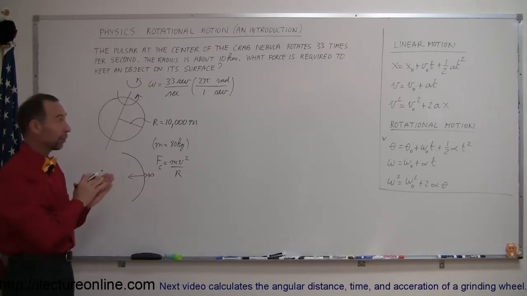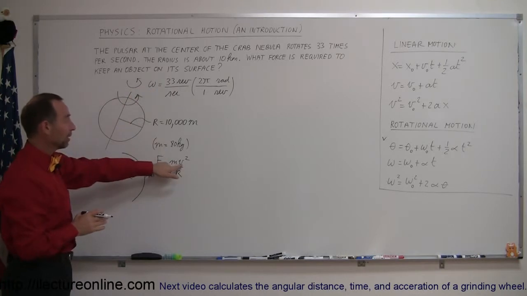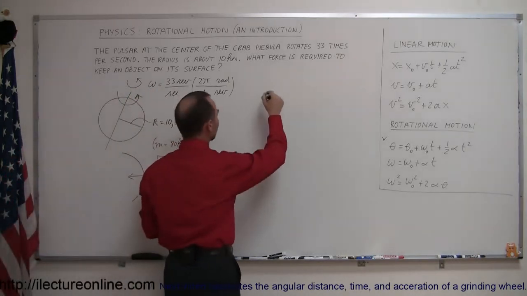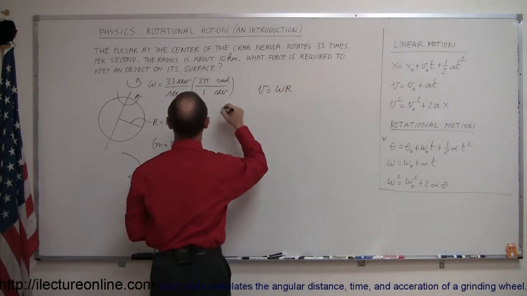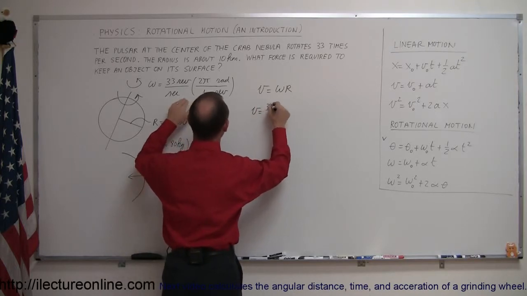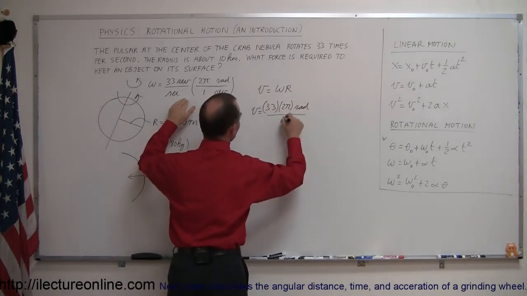Now we also have to have the conversion from angular velocity to linear velocity along the surface of that star. So we know that the linear velocity v is equal to omega times r. So we then go ahead and grab this. We have velocity is equal to omega, which is 33 times 2 pi, that's radians per second.